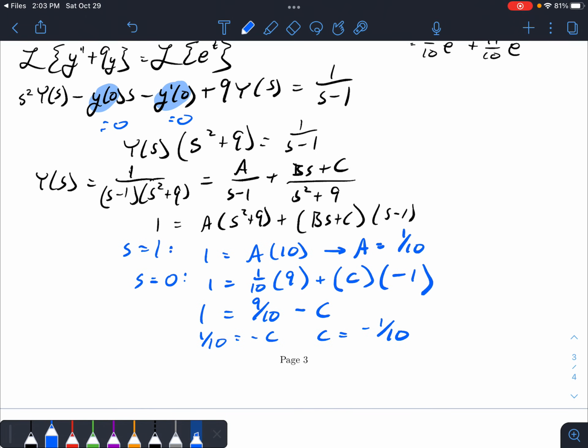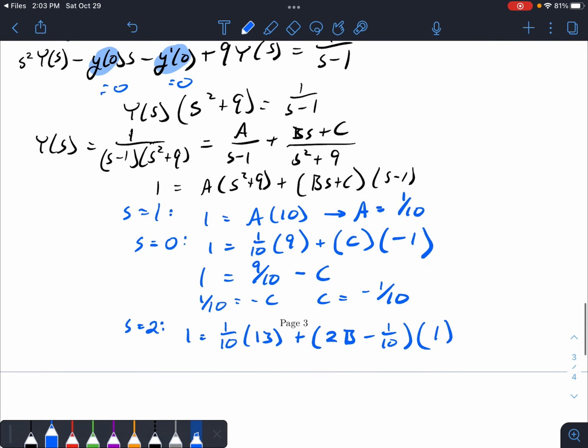All right, so we have our a, we have our c, we just need to find b. And I guess we could just plug in anything else that we want at this point. So we could just plug in s equals 2, and we get 1 is equal to a, which is 1/10, times s squared plus 9, should be 13, plus, we don't know what b is, but we have b times s, 2b, plus c, negative 1/10, times s minus 1, which is 2 minus 1, which is 1.